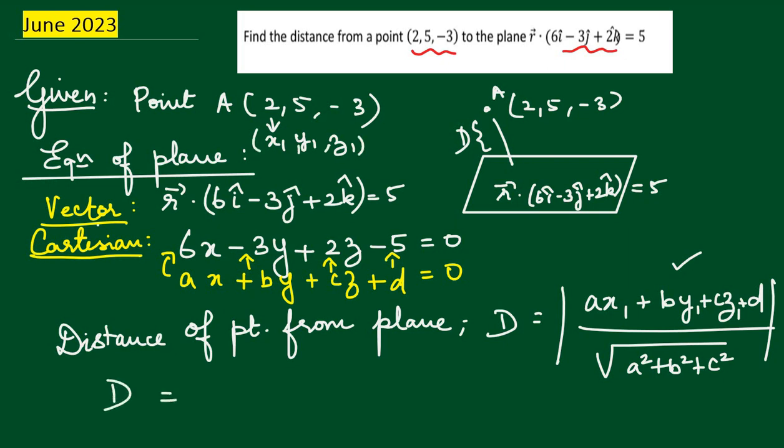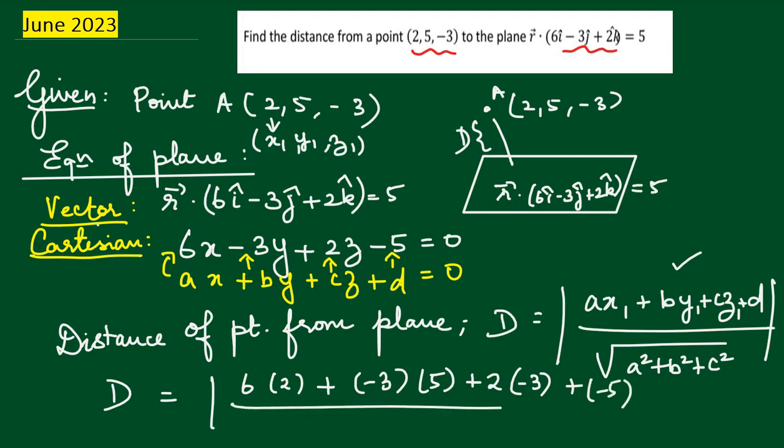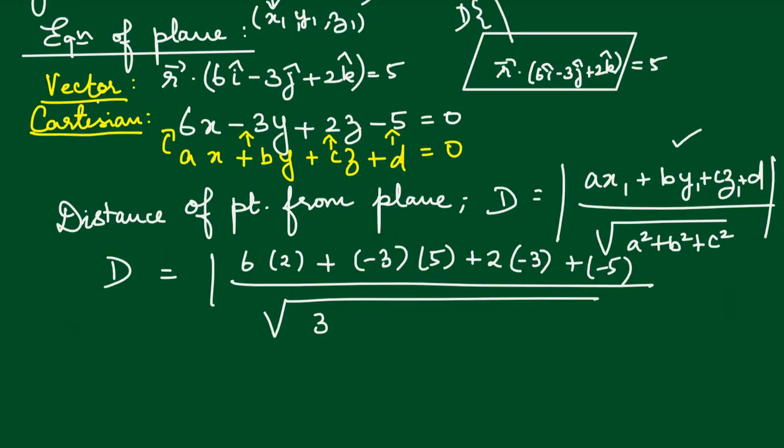So D is equal to, from the plane equation, a is 6, x1 is 2, plus b is minus 3 into y1, that is 5, plus c is 2 into z1, that is minus 3, plus d, that is minus 5, divided by the root of 6 squared, 36, plus 3 squared, 9, plus 2 squared, that is 4.